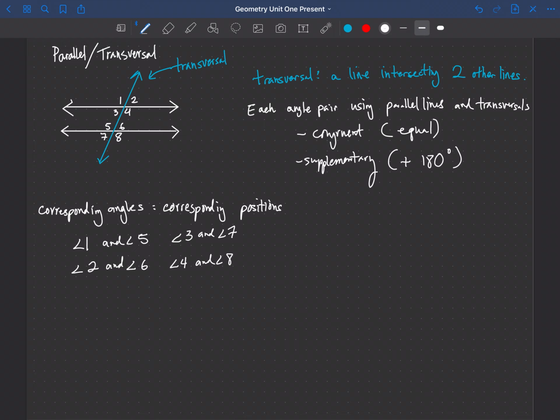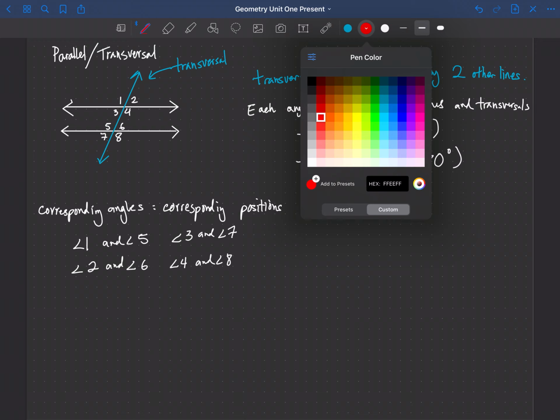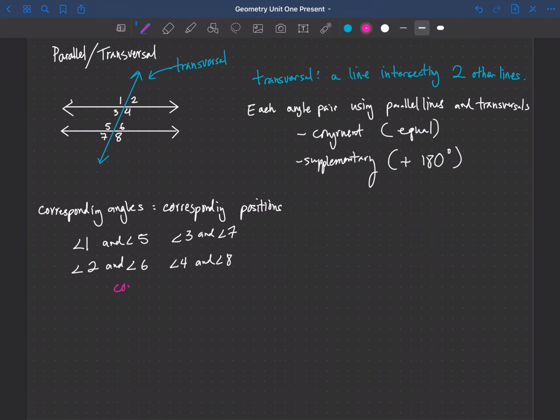Now all of these pairs are going to be congruent. So 1 and 5 are congruent, 3 and 7 are congruent, 2, 6, 4, 8.